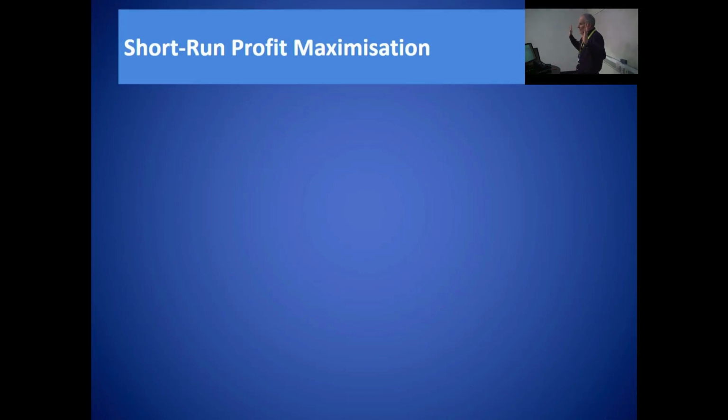And I guess there's absolutely no contention about that. It's fairly obvious. If we're talking about the short run, and we'll say that labour is our variable factor, a firm will continue to employ labour as long as it's profitable to do so. Sounds fairly obvious. Okay? And we'll return to that exact phrase right at the end.